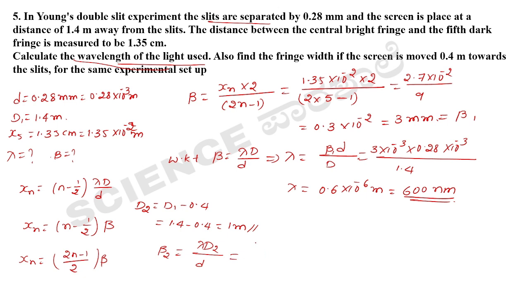So lambda how much you got? 600 into 10 raised to minus 9 into d2, 1 meter, divided by small d, 0.28 into 10 raised to minus 3, is equal to, you will get 2.14 into 10 raised to minus 3 meter. Yes, this is the final answer for this.